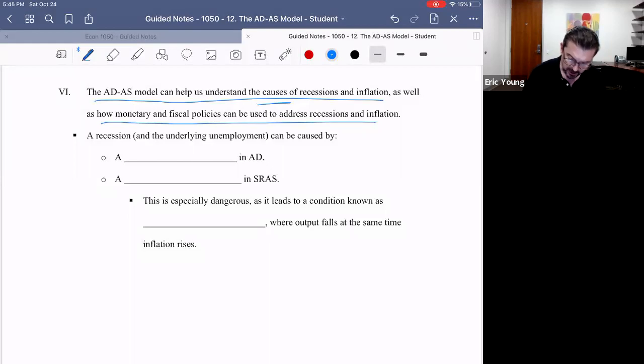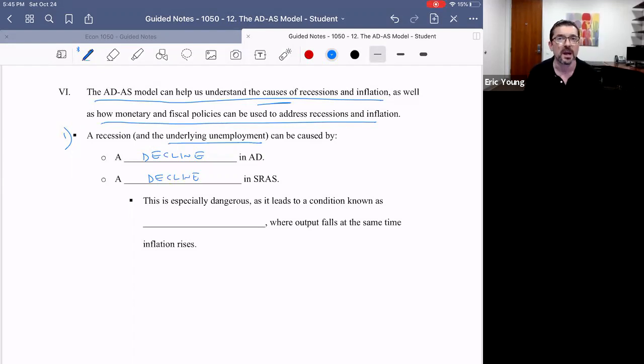Okay? Let's start off with the idea of recession. A recession and the underlying unemployment under the ADAS model can only have 2 causes. Number 1, you can have a decline in AD, or number two, you can have a decline or a decrease in SRAS.